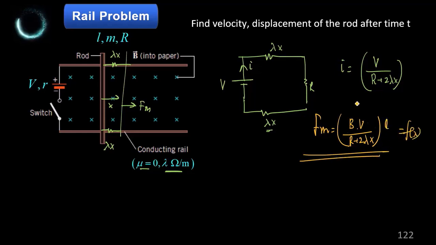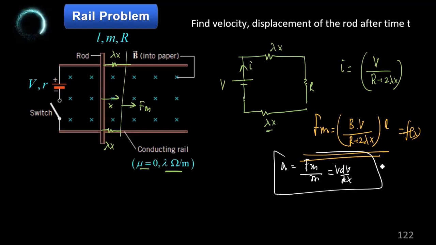Since force becomes a function of x, the acceleration should be calculated with the integration method. So আমরা লিখব A should be equal to Fm by m, that should be equal to v dv/dx. Now I can integrate this. Using that, you can calculate the velocity at any x displacement. Okay. So I can write velocity as a function of x.